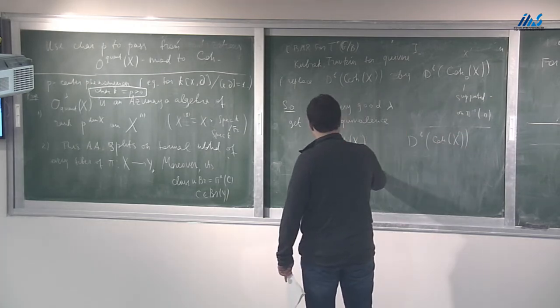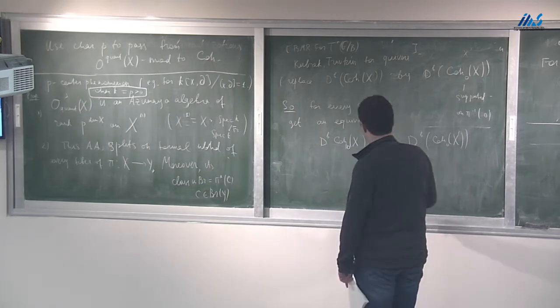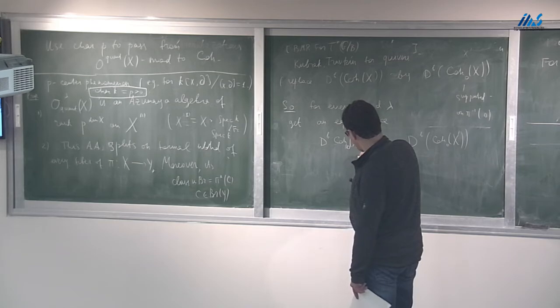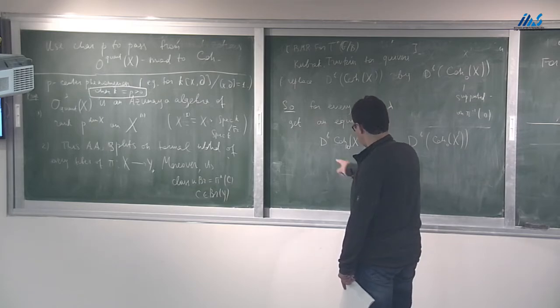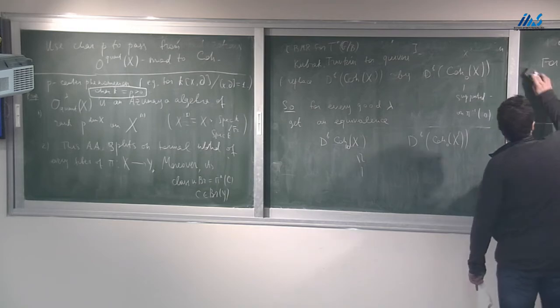And again, if we want to do this technical simplification, we can write it this way. So how do we get it? Because using this splitting of the Azumaya algebra, we can identify it with modules, even without D. Maybe I can write it here.